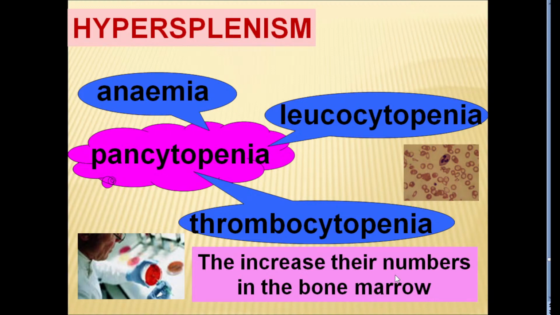But if pancytopenia is accompanied with decreased numbers of cells in bone marrow also, which indicates a primary problem with bone marrow due to its depression, aplasia.